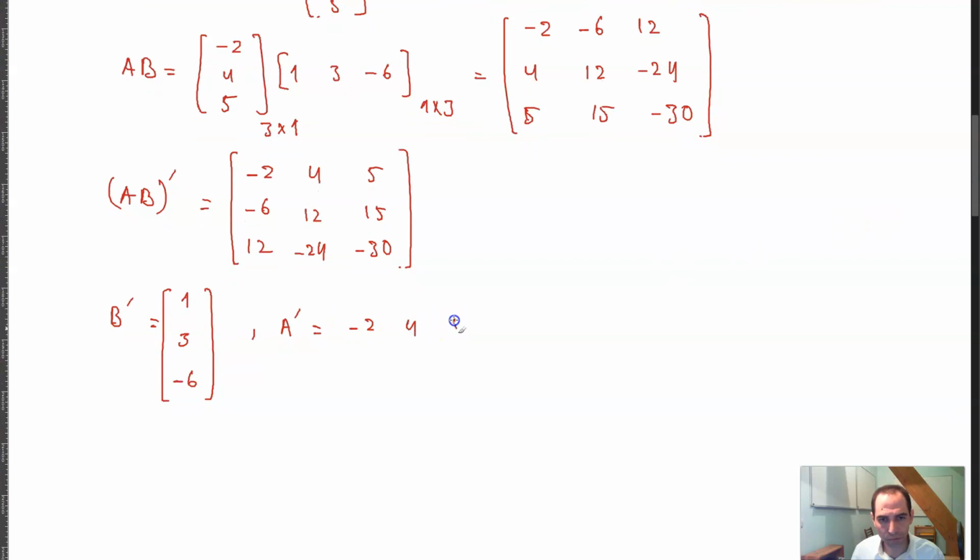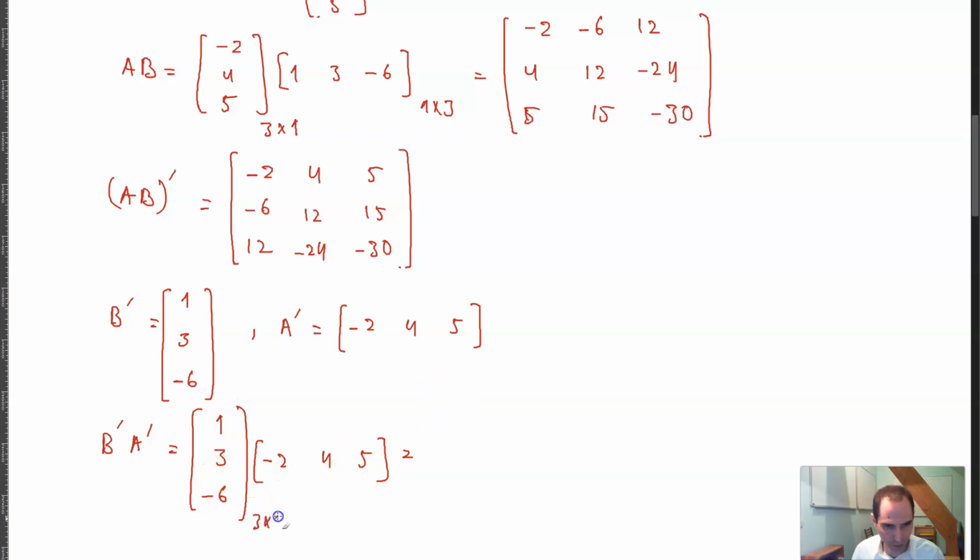Now B transpose A transpose is 1, 3, -6 times -2, 4, and 5. So you have a 3 by 1 matrix and a 1 by 3 matrix, meaning that you get a 3 by 3 matrix.